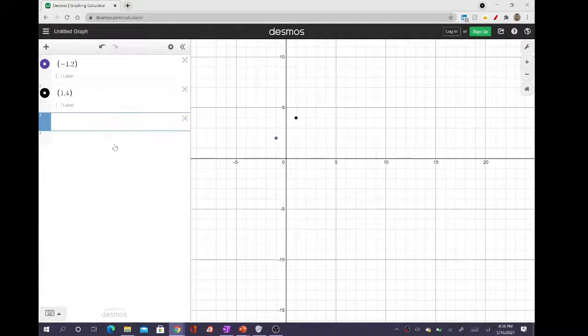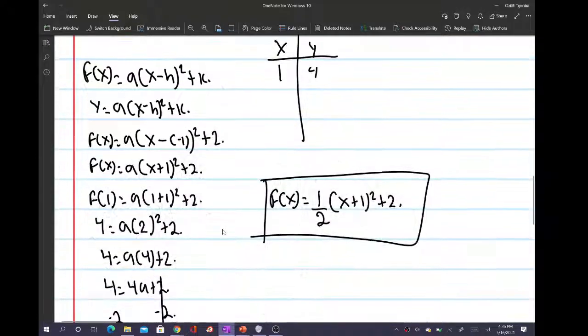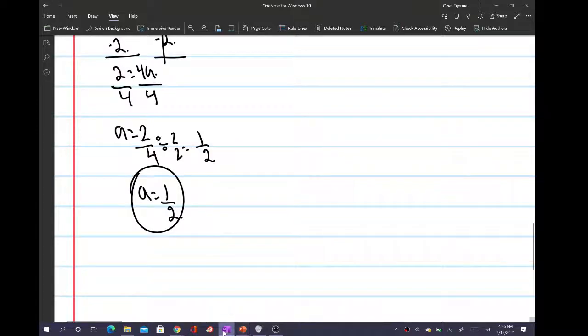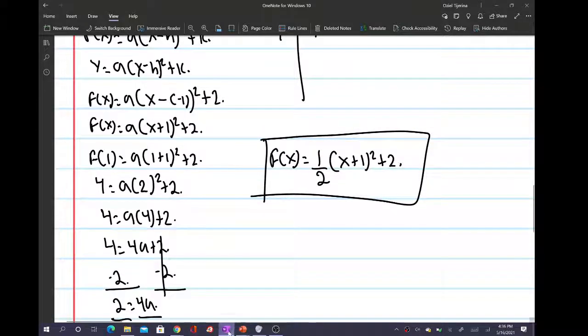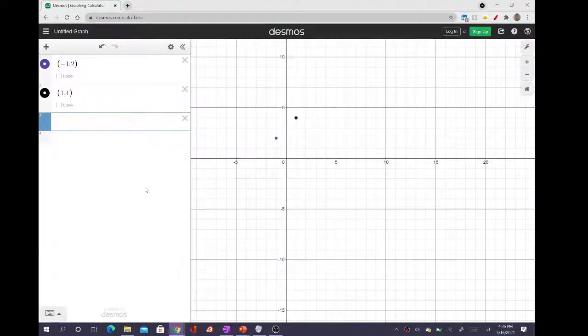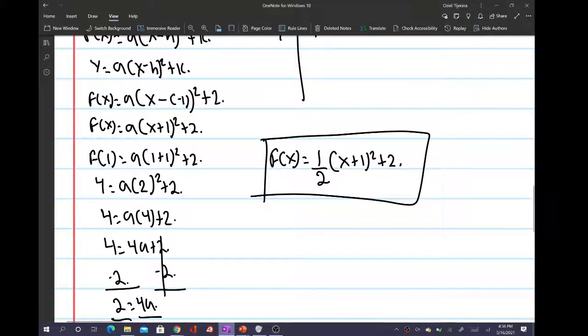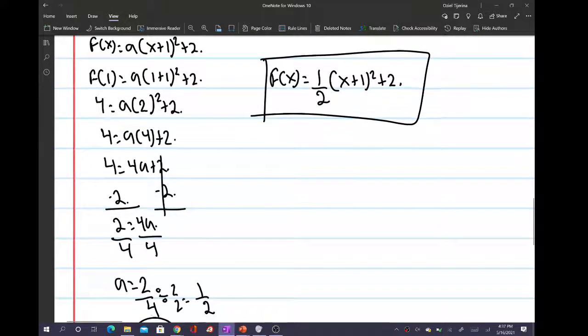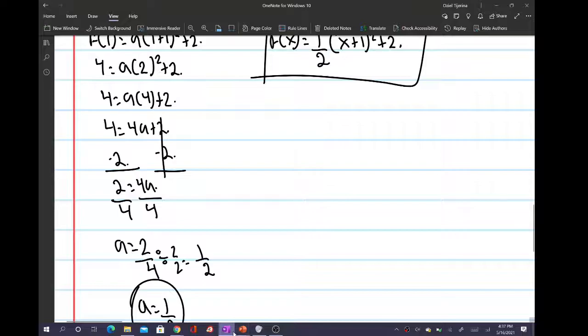And we can verify that this is our quadratic function. Let me just make sure that I actually did it right this time. Okay, yes, I did.